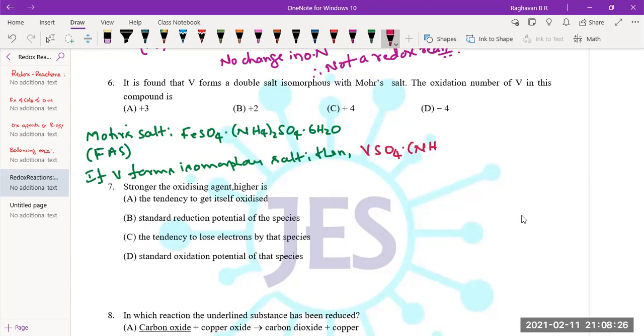Rest everything is the same. Now the question is the oxidation number. What is the oxidation number of vanadium in this isomorphous compound? Sulfate is what? 2 minus. So it should be 2 plus. That's all.